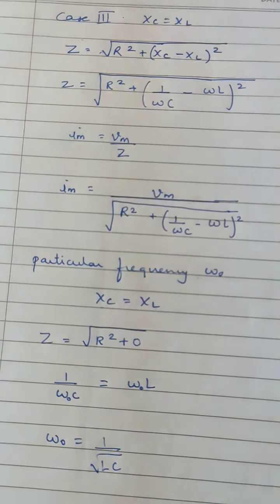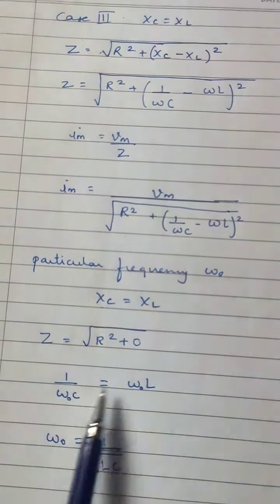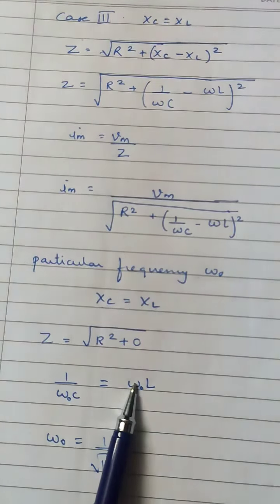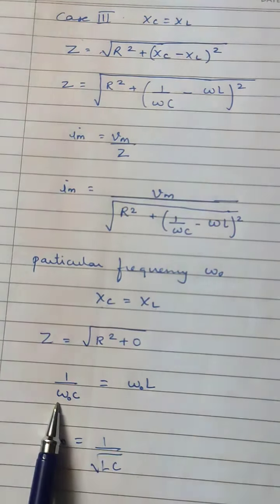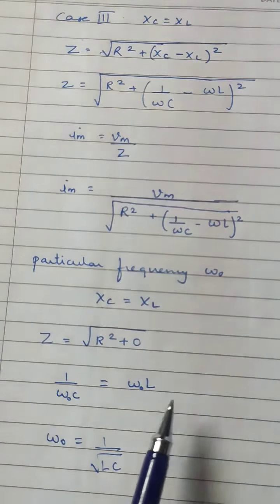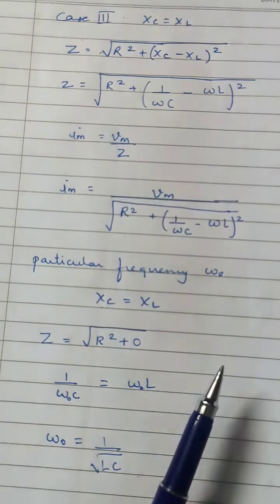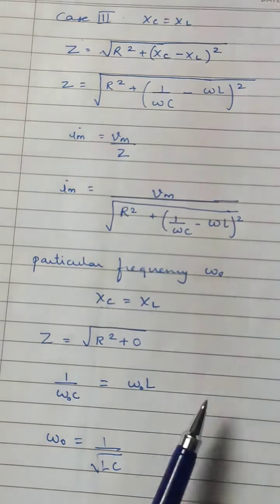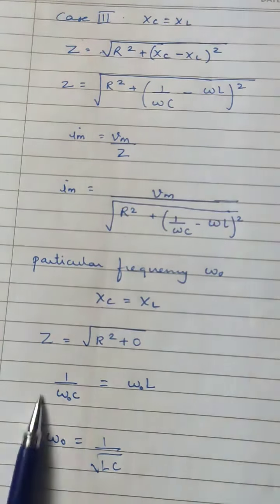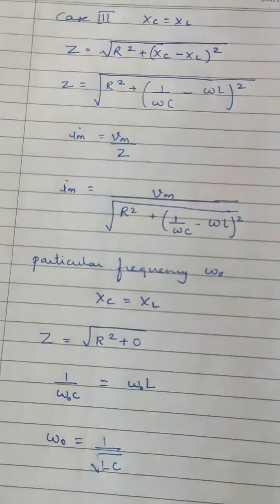How did I get this? When I take omega naught to the other side, omega naught squared is equal to 1 upon LC. Then I remove the square, so omega naught is equal to the root of 1 upon LC.